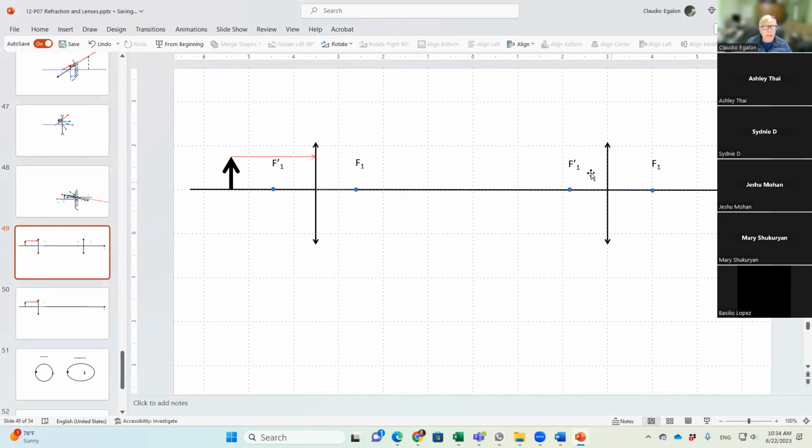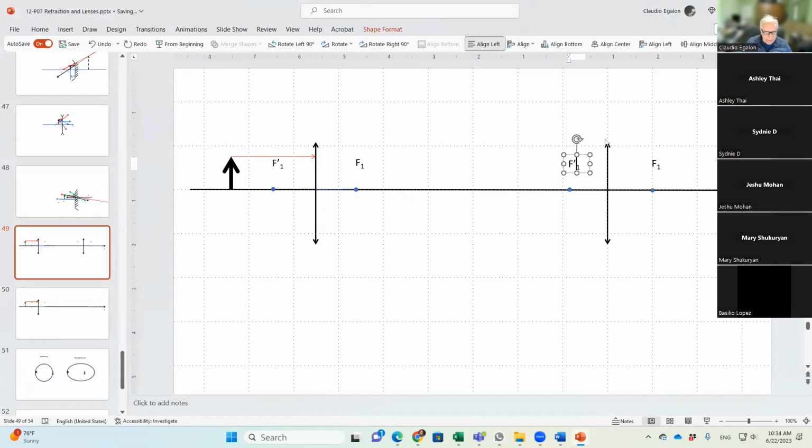I don't need that. That's going to be F2 prime, and that's going to be F2.